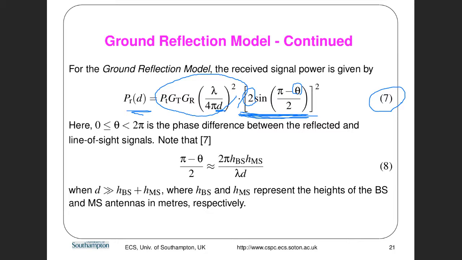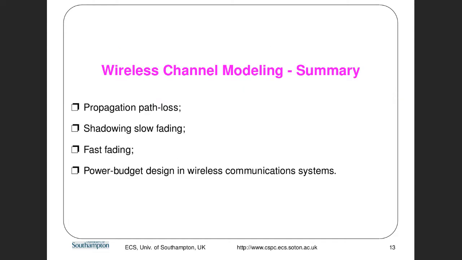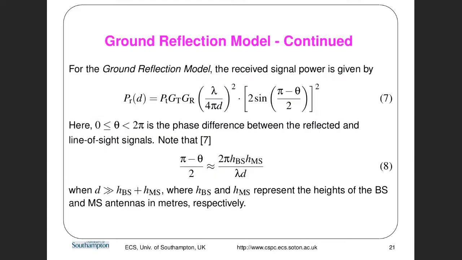But as I said earlier, this is still the first level of channel modeling, so path loss. For the first level of channel modeling, we only want to evaluate the signal power, not the phase. So if we look at the ground reflection model, we want to evaluate the received signal power, right?